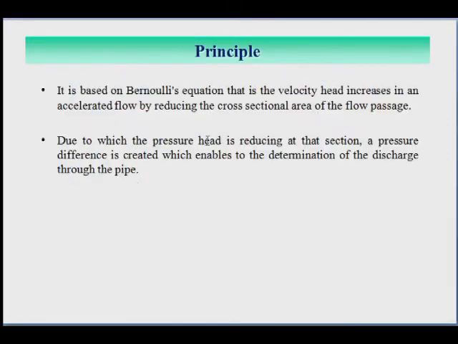Now we will understand the principle of this venturimeter, as it is based on Bernoulli's equation. It means the velocity head increases as in an accelerated flow by reducing the cross-sectional area of the flow passage. If we reduce the cross-sectional area of the flow passage, then the velocity head increases, and due to this increase in the velocity, the pressure head is reduced at that section.